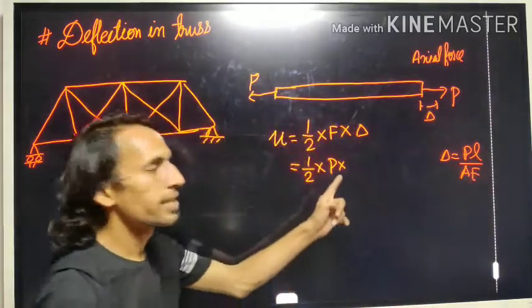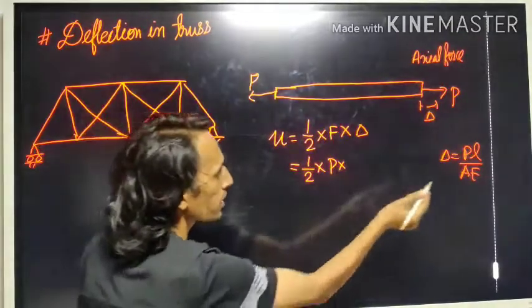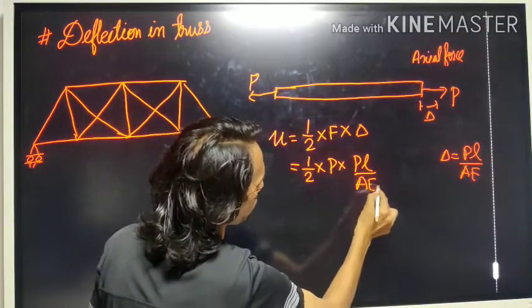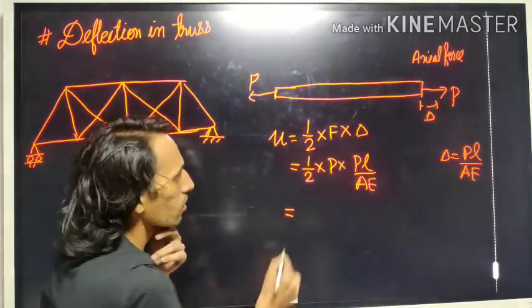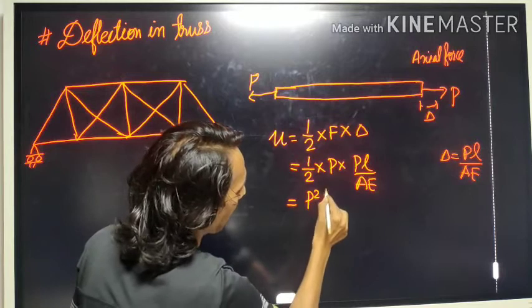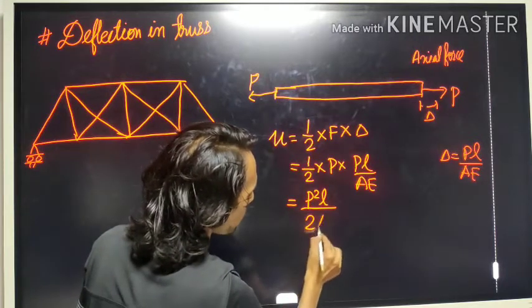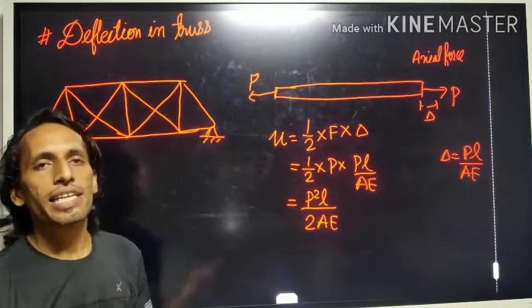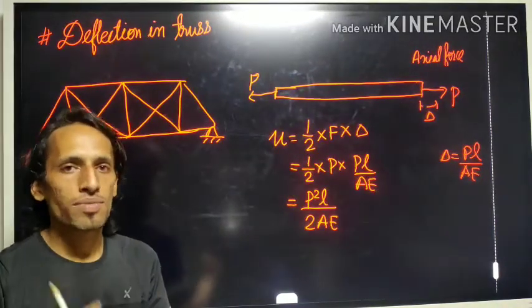So putting it here, the value will be P square L divided by 2AE. So this is the value of strain energy in one member of the truss.